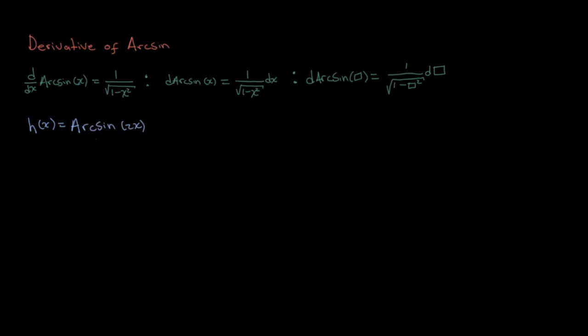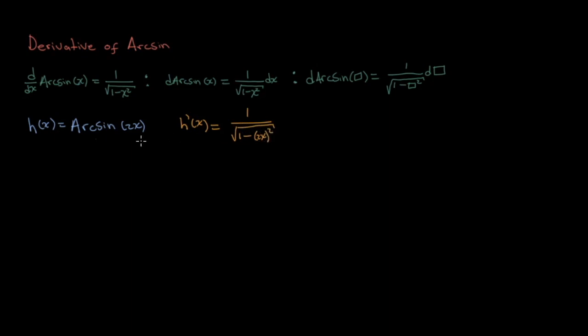So the derivative of that would be h prime at x. h prime at x is equal to 1 over the square root of 1 minus this box here. And in this case, this term is 2x. So 1 minus 2x, in brackets, squared.